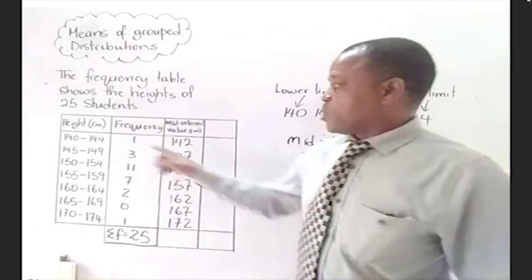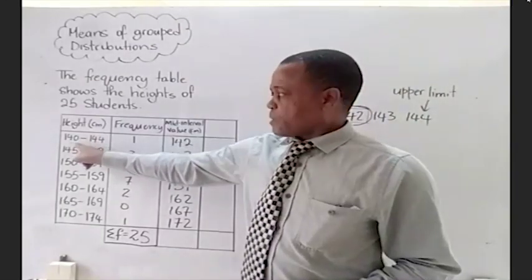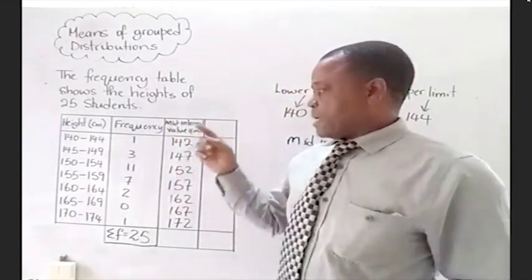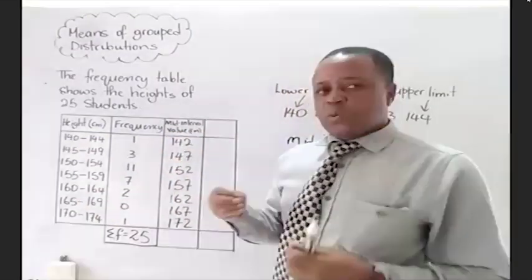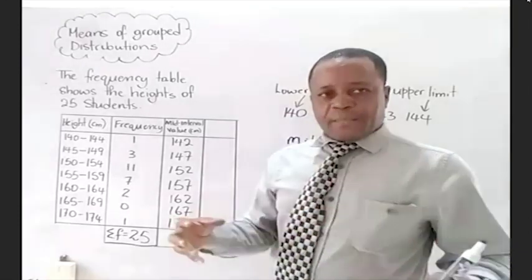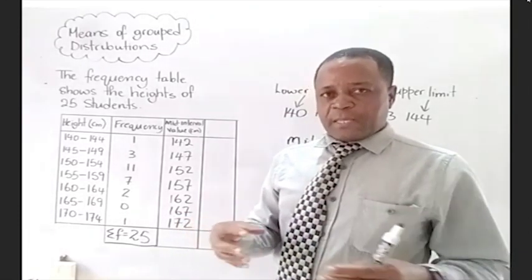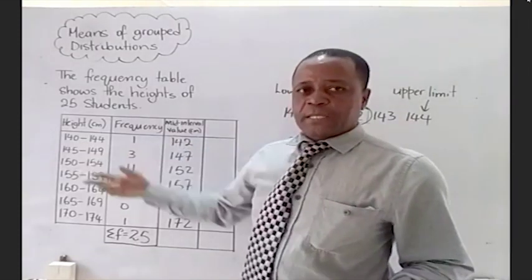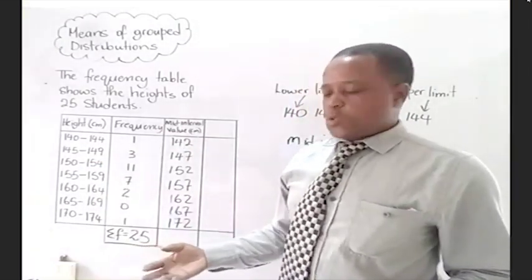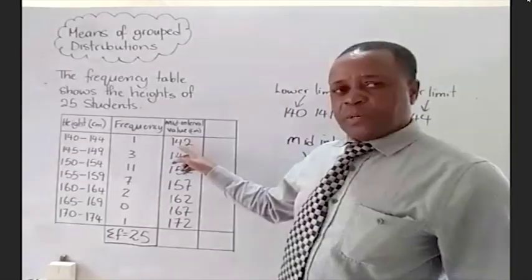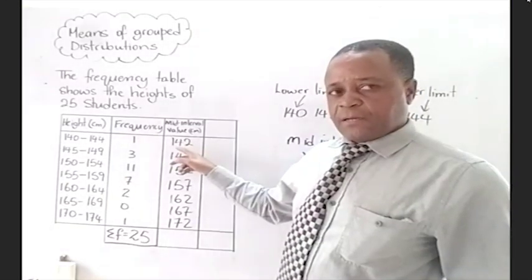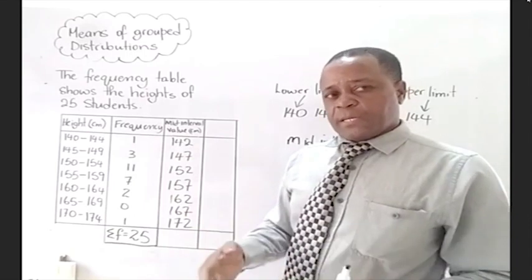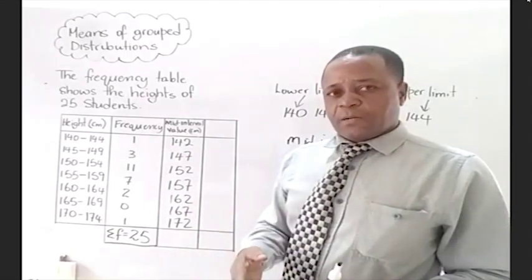Because we don't know for sure the numbers that fall in each group. We are just making an assumption by using the midpoint to represent the entire group. Because we're estimating, the final result will be an approximate.